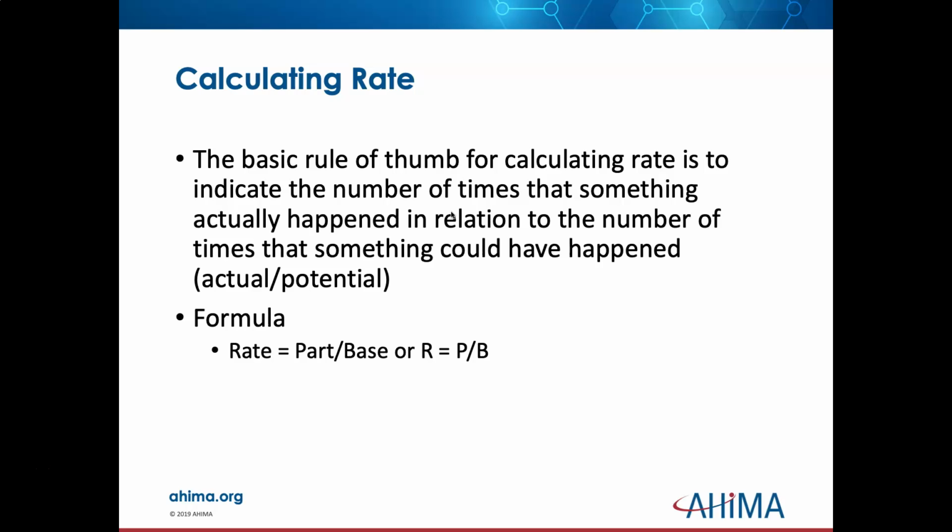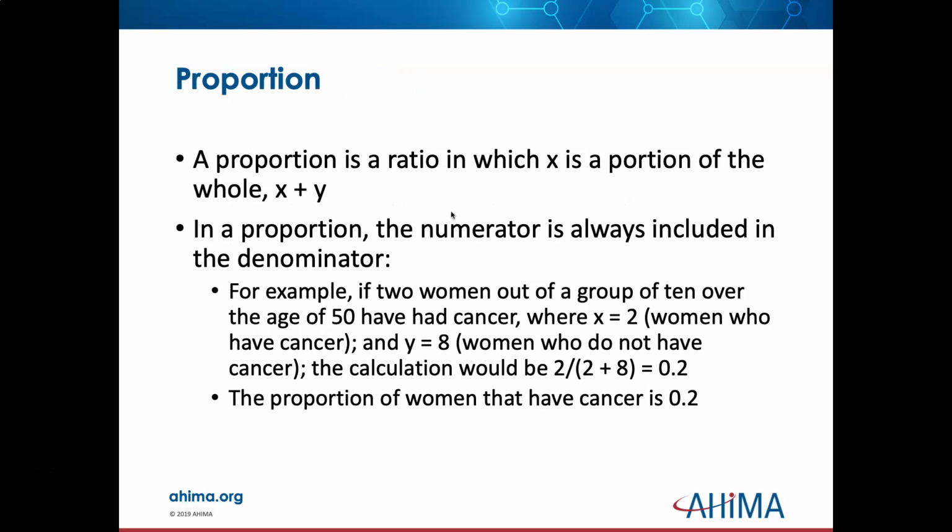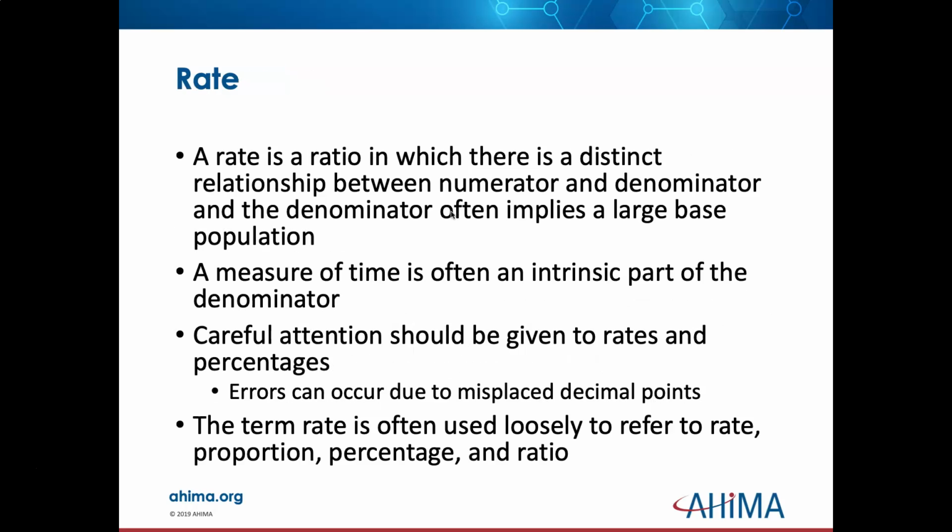So rate is the part divided by the base, or rate is the actual divided by the potential. And remember, the actual is also included in the potential. We just covered that when you go back here where it talks about proportion, because remember, rate and proportion are the same thing.